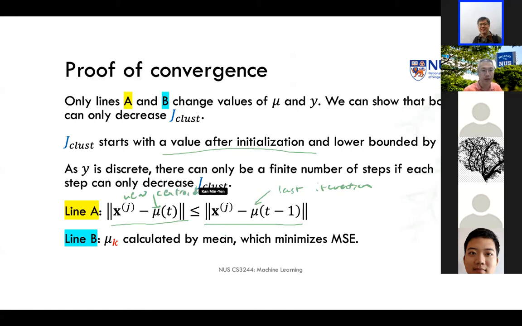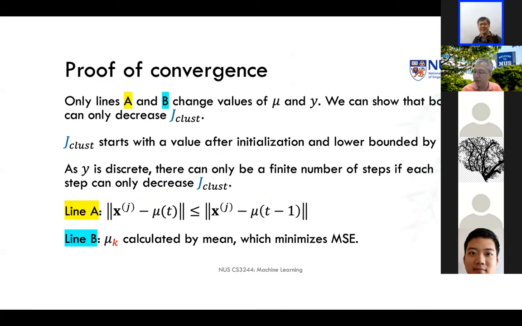Then the second line is what we're checking: because when we calculate our new centroid, it's always calculated as a mean of all of the points, there is no way that we can actually increase this amount. By calculating a new cluster center to be the mean, there is no way we can make the mean squared error go up.